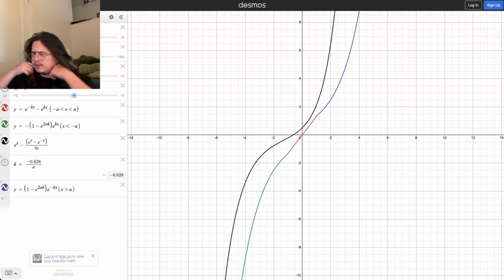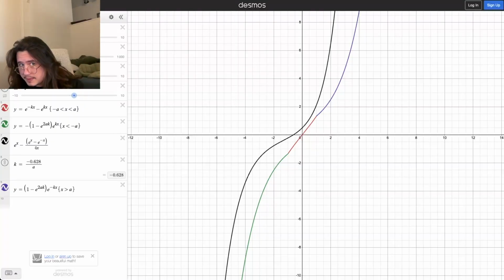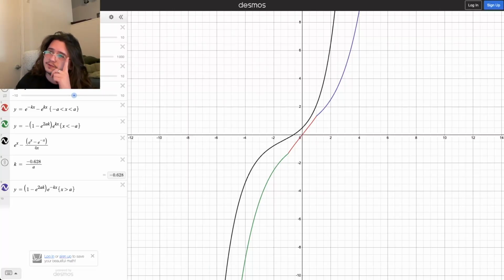And actually, while we're here, if you want to talk about what the limiting cases are for the energy, that is the limiting case for a being really, really small, or a being really, really big. If you let a go to 0, so let's actually change this back here to positive 0.797.